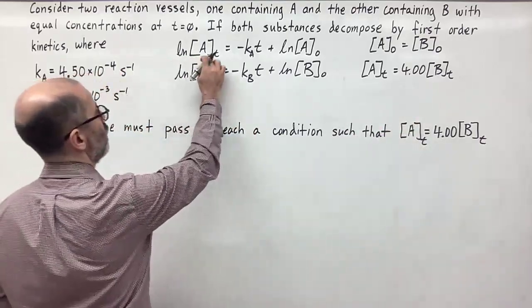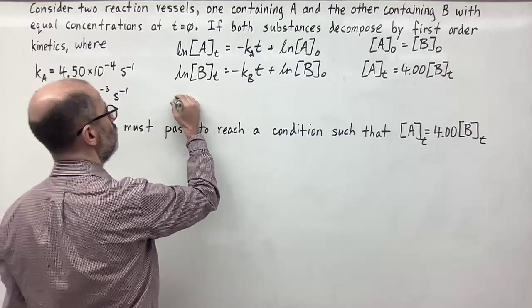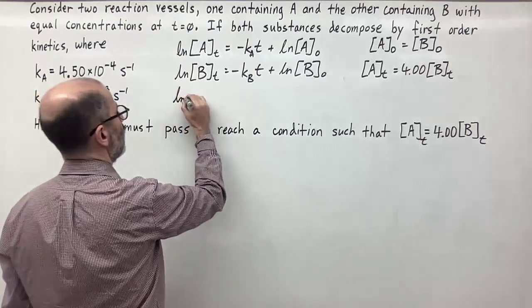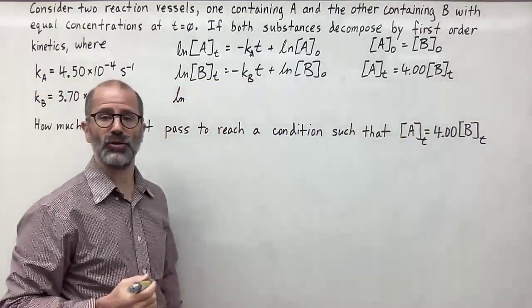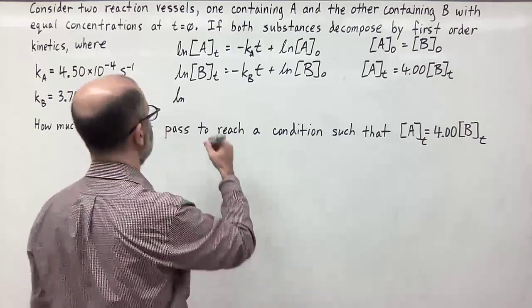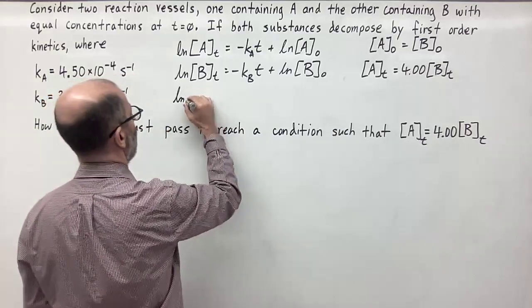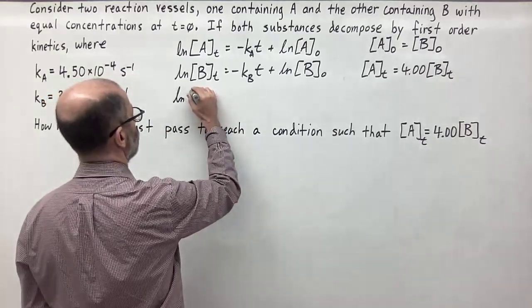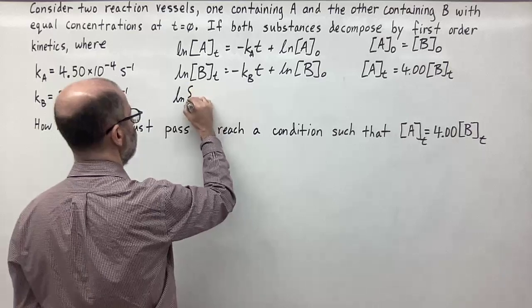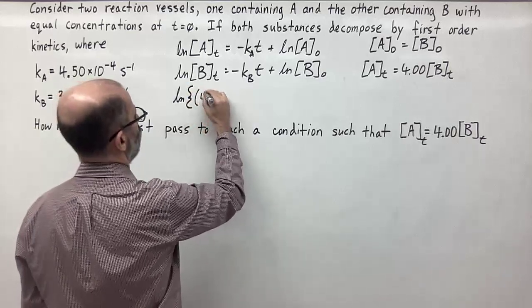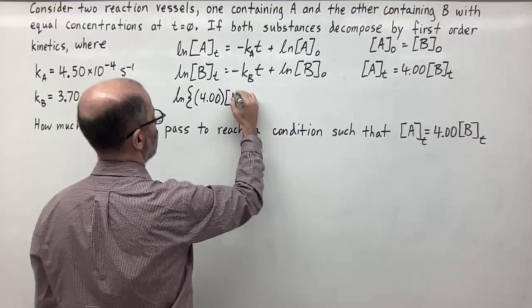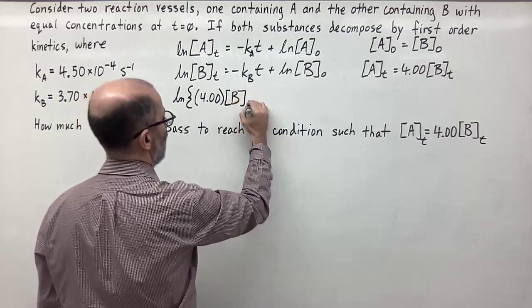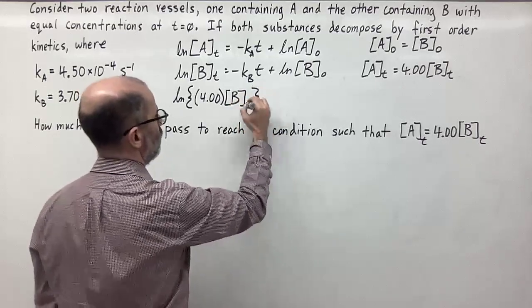So instead of ln of A at t, we could have ln of 4.00 times the concentration of B at some time t.